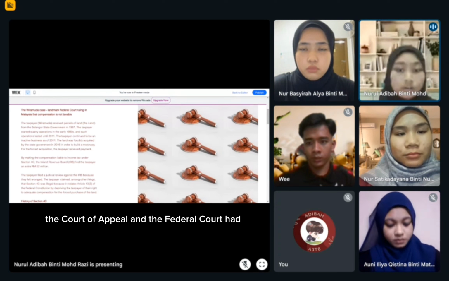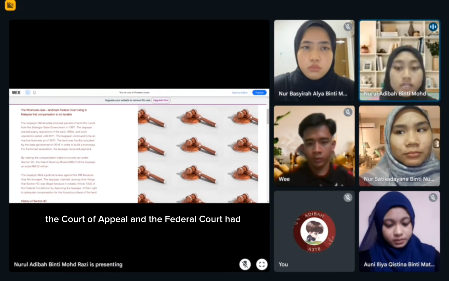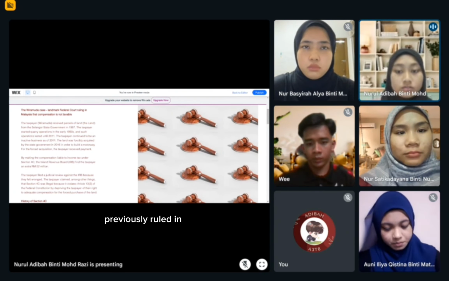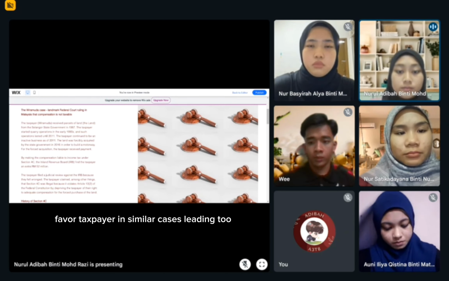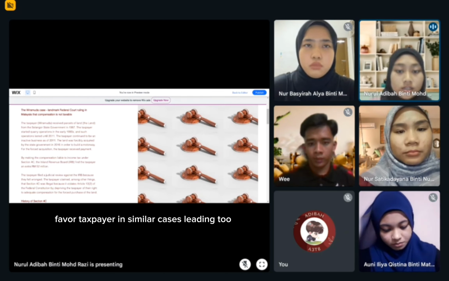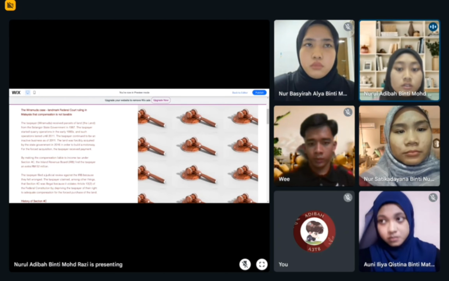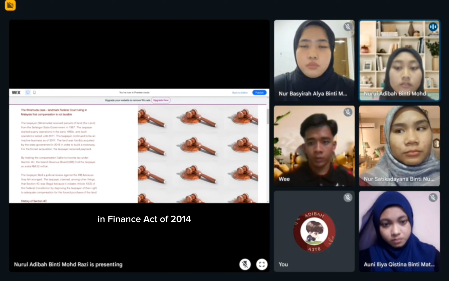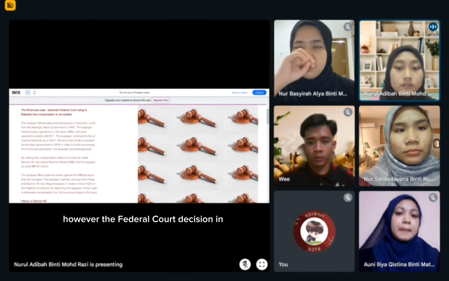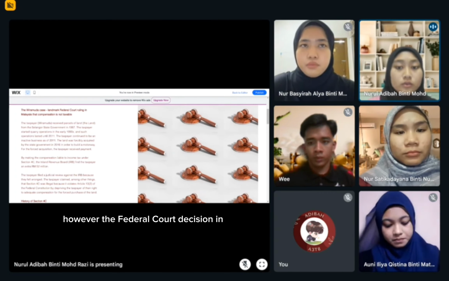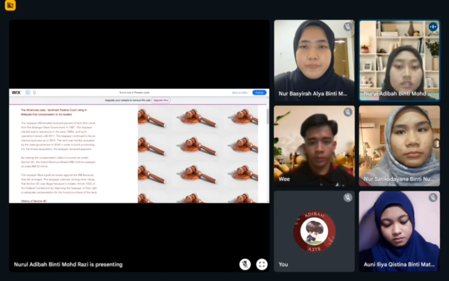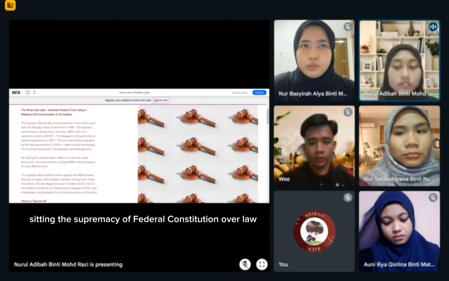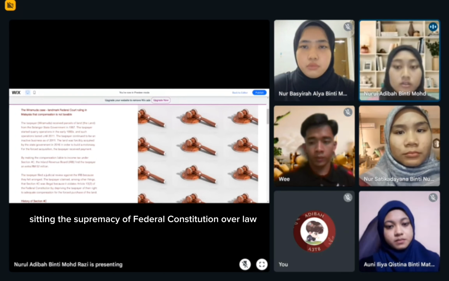The Court of Appeal and Federal Court had previously ruled in favor of the taxpayer in similar cases, leading to the inclusion of Section 4C in the Finance Act of 2040. However, the Federal Court decision in the Wira Muda case overturned this provision, citing the supremacy of the Federal Constitution over law enacted by Parliament.